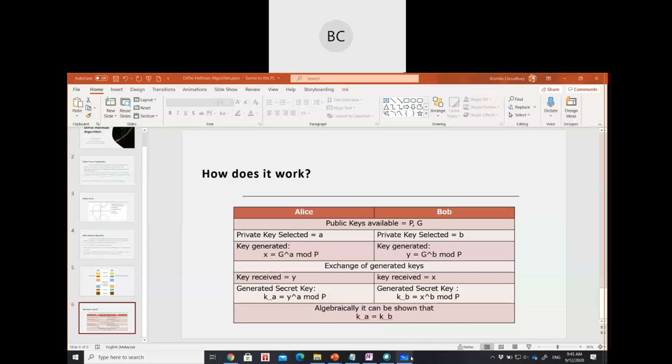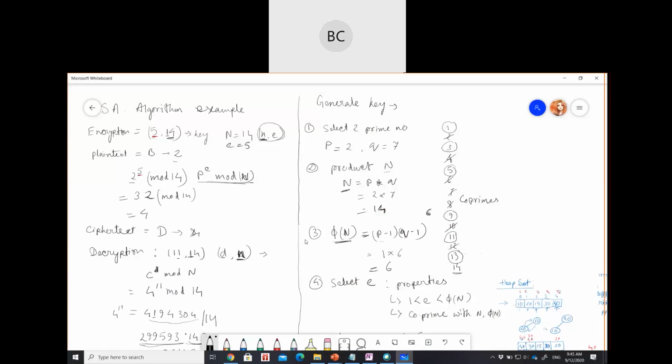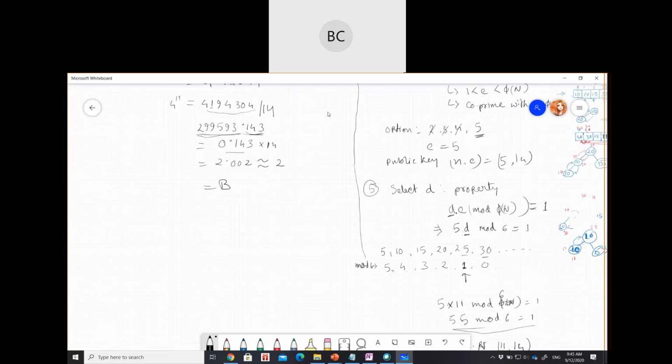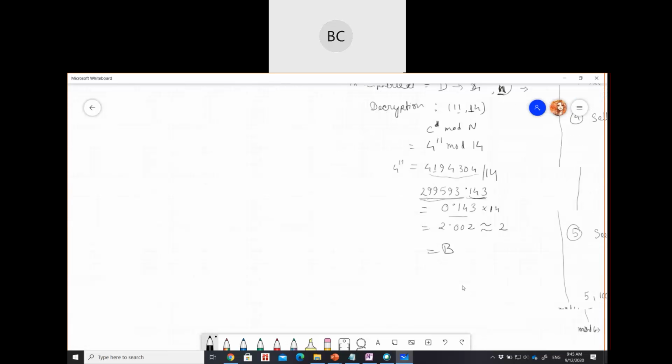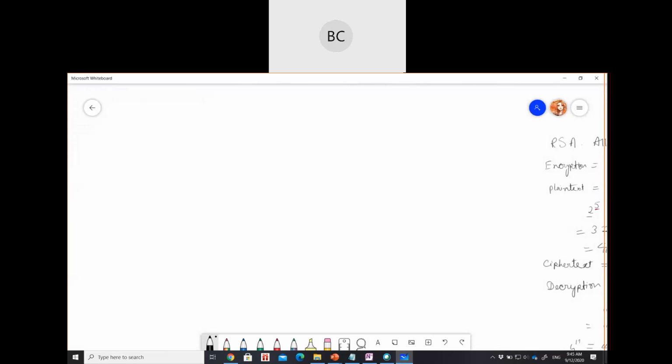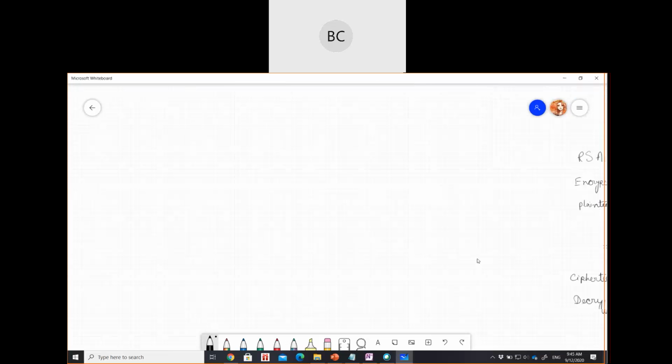Okay, so let's see the example. It will be easier for you to understand. Let's see the example for Diffie-Hellman.